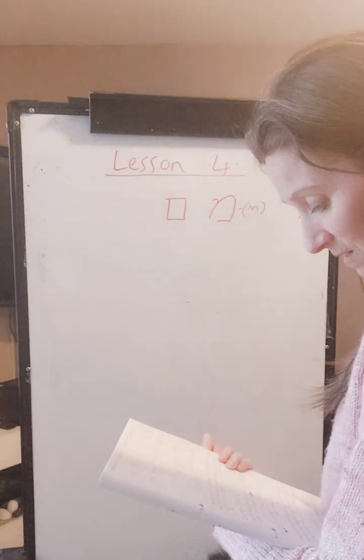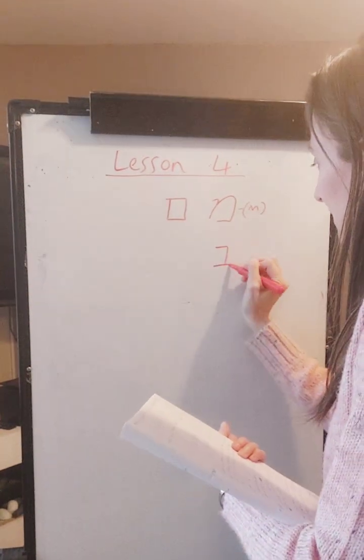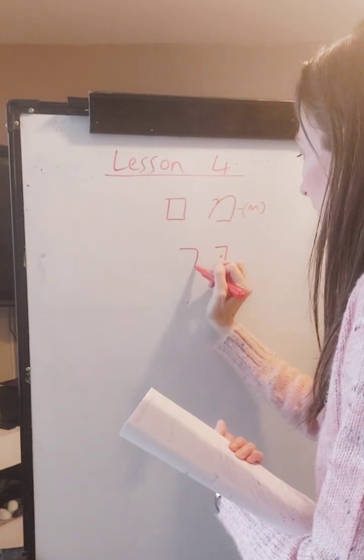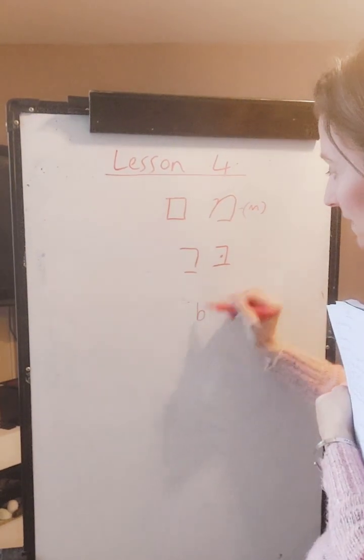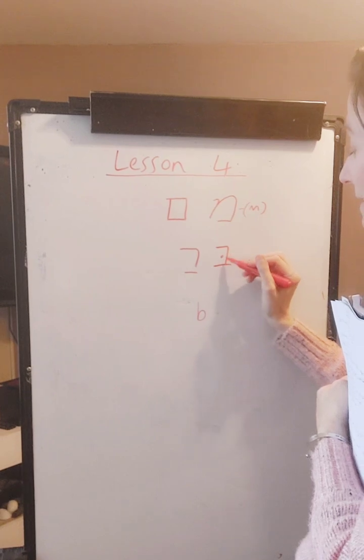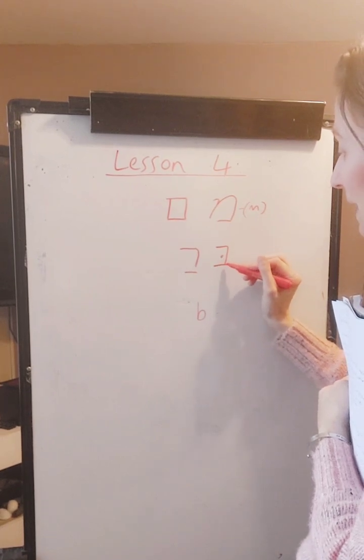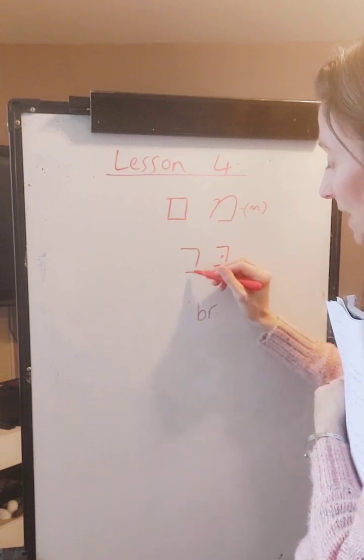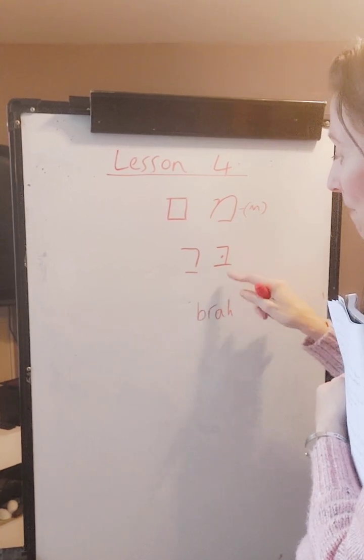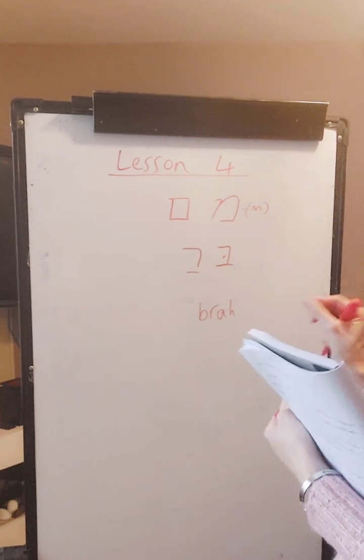So, for instance, with this one, it's the bet and it's the ba sound. So the sound of the consonant, which is ba, move to the next letter, which is the Resh, and the A vowel underneath, bra. So you'd say it as one syllable, bra.